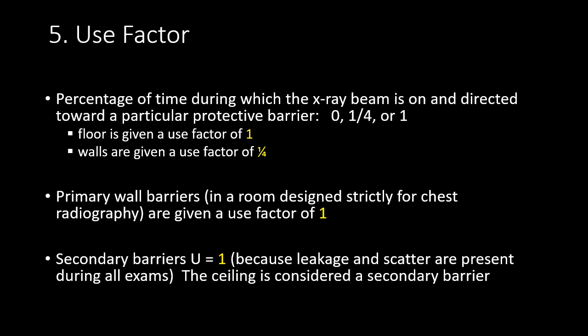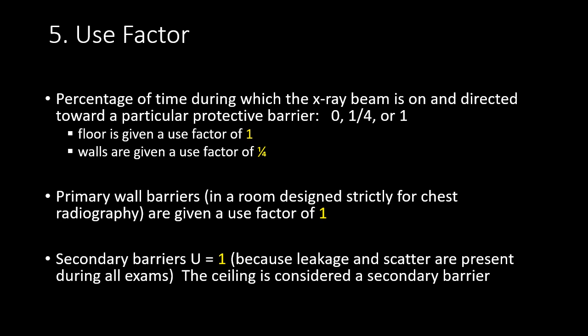The use factor is a percentage of time during which the X-ray beam is turned on and directed toward a particular protective barrier. The answers are going to be 0, 1/4, or 1. So for example, the floor is given a use factor of 1 for being a primary barrier because the X-ray beam or primary beam is directed to it a lot.